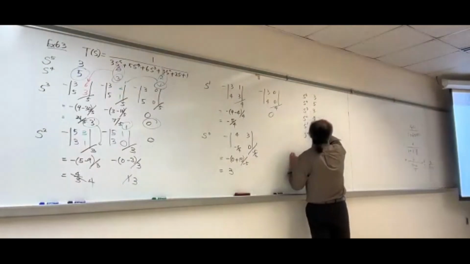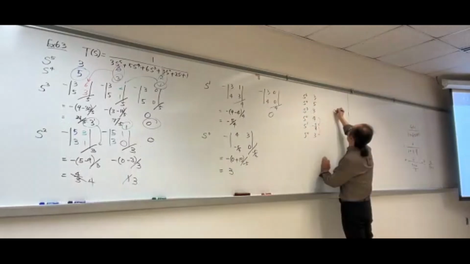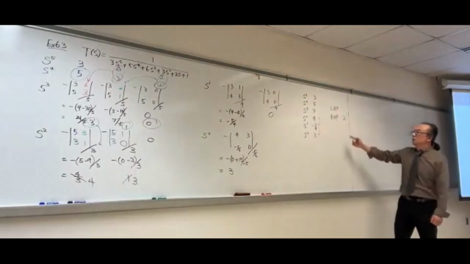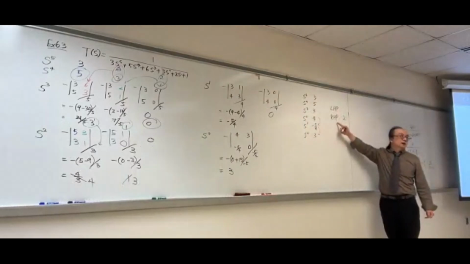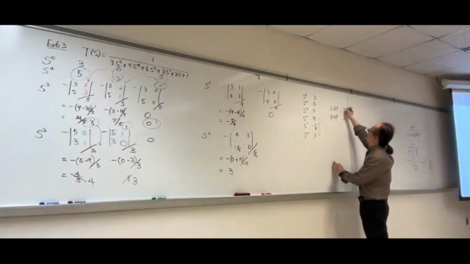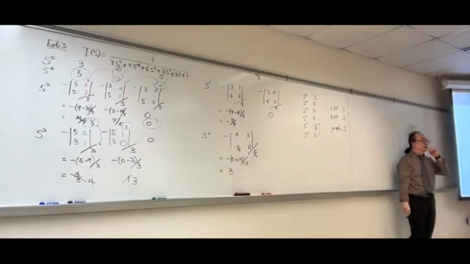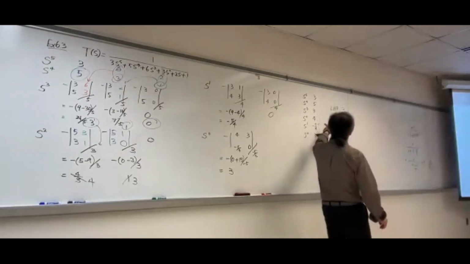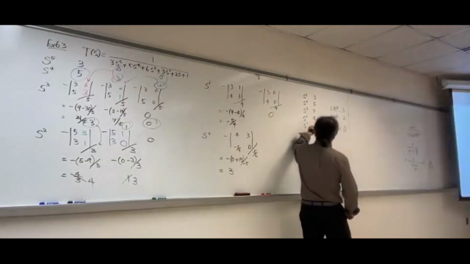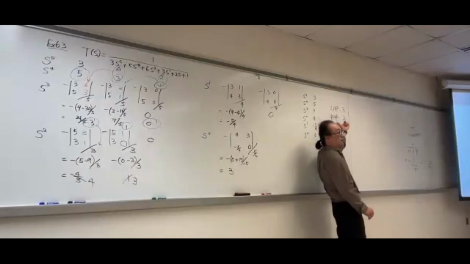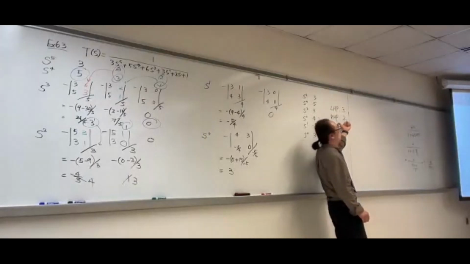Now we have two sign changes. Therefore, there are 2 poles on the right half plane, 3 in the left half plane, and 0 on the j omega axis. There are 2 sign changes, positive to negative, and negative to positive. So that gives us the right half plane poles.